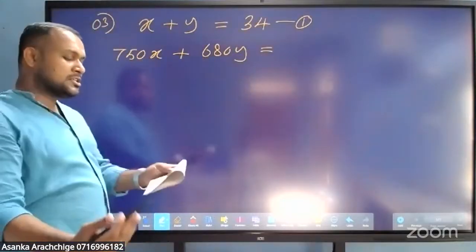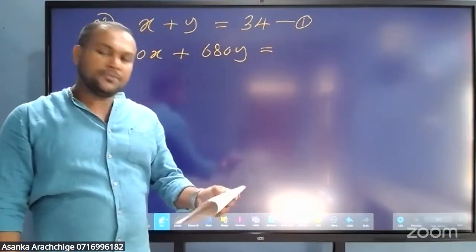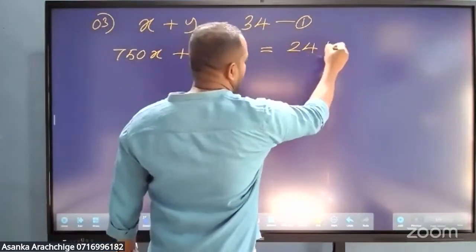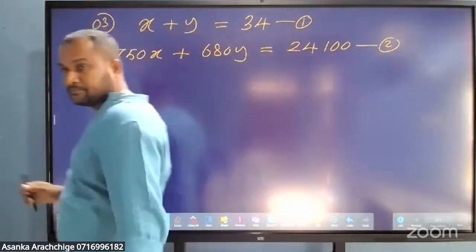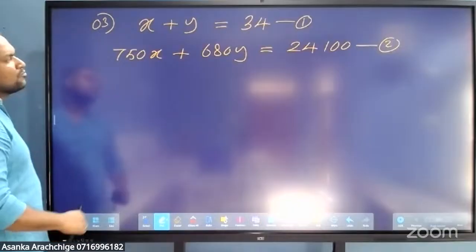The total cost of both sarong and cheetah cloths must be 24,100 rupees. This is number 2. Clear? Now we have to solve it.